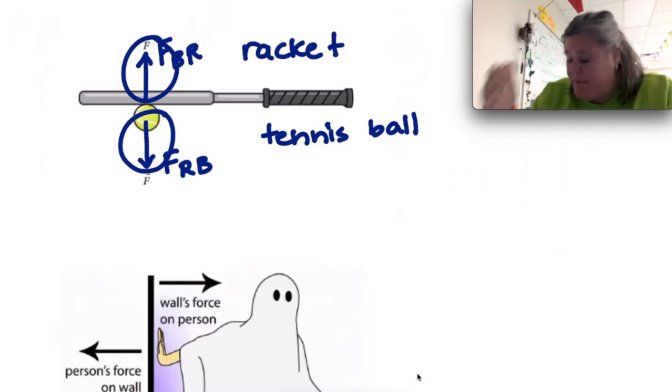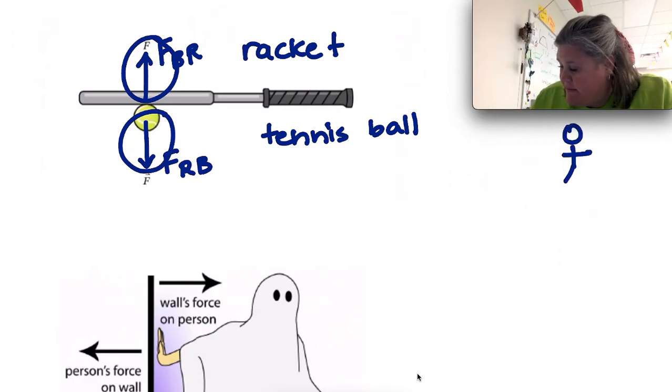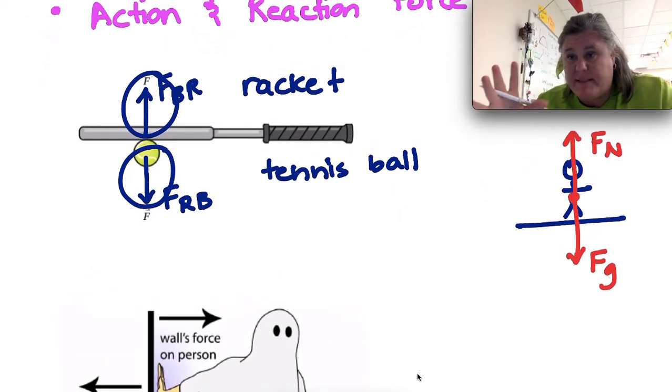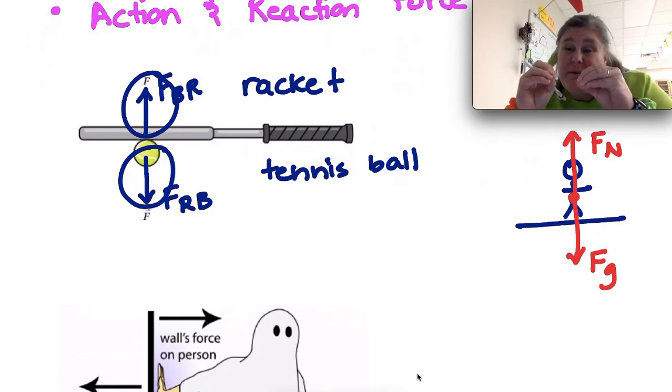Okay, so for example, we have a person standing on the floor. Okay, we know that there's a gravitational force and a normal force acting on that person standing on the floor at rest. That's the free body diagram.